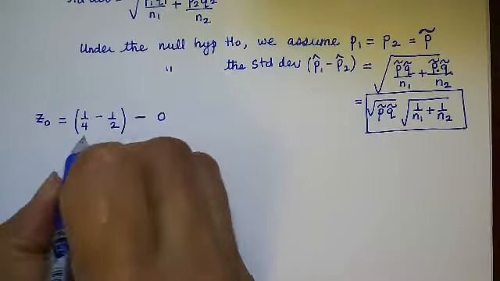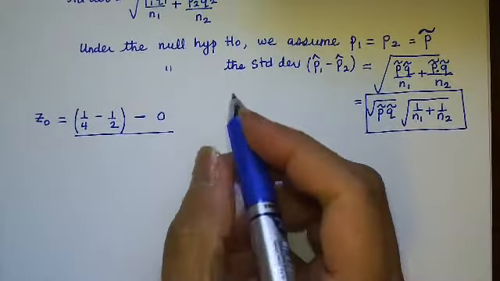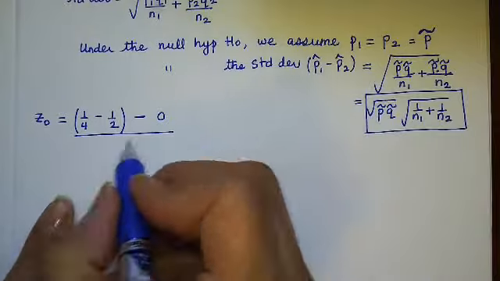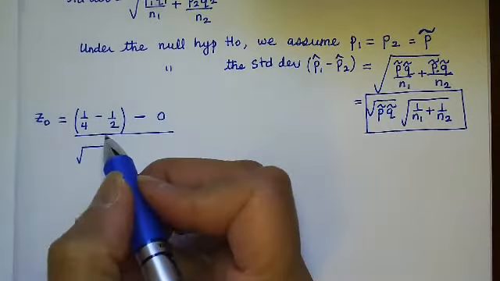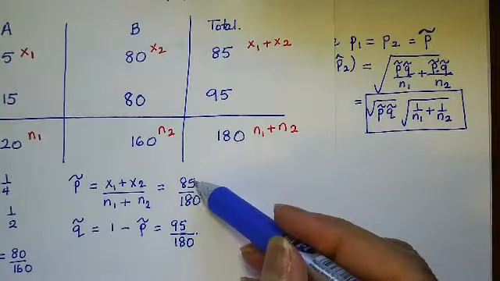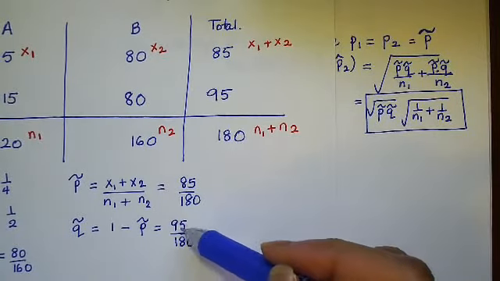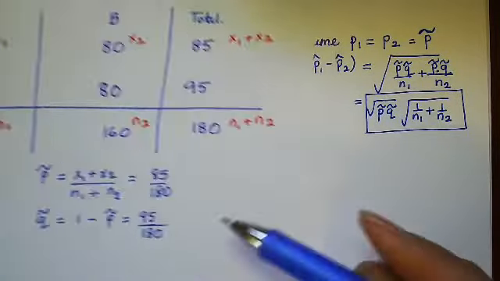So I'm picking up this number right here, this number 0. P1 minus P2 under the null hypothesis is 0. So this is a 0 divided by radical P tilde Q tilde.